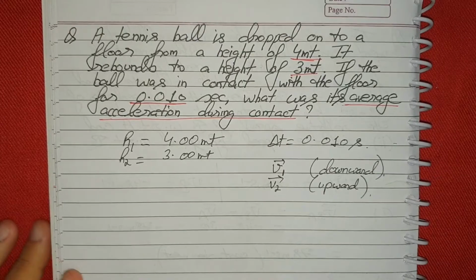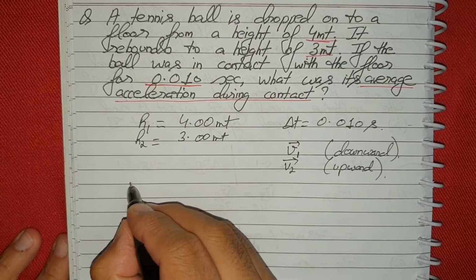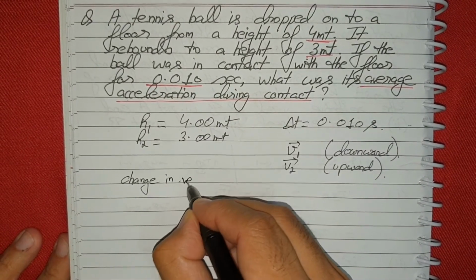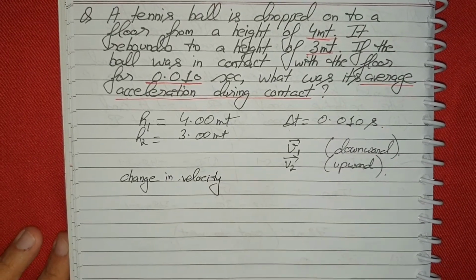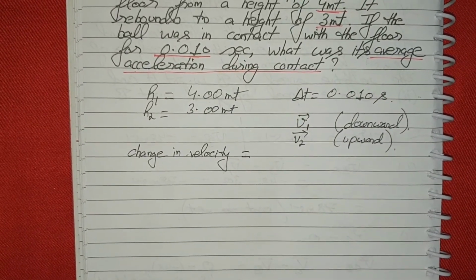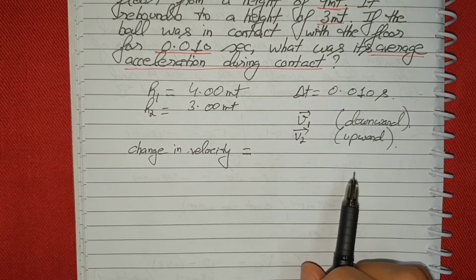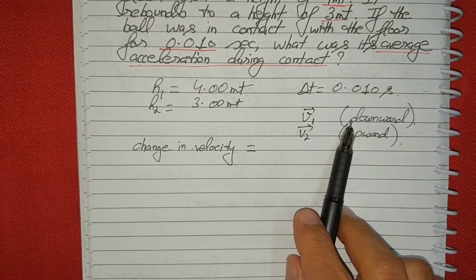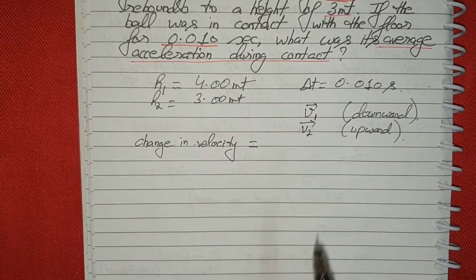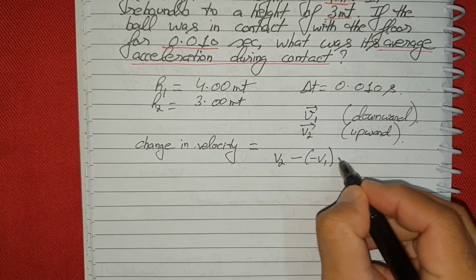So the change in velocity of the ball in time delta t will be final minus initial. What is final is v2, and one is downward and the other upward, so that will be v2 minus of minus v1.